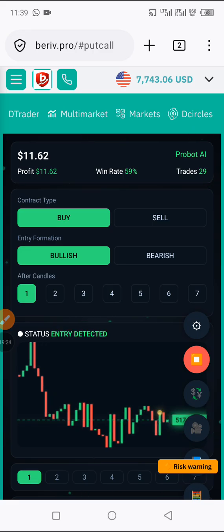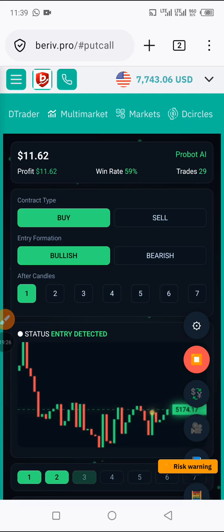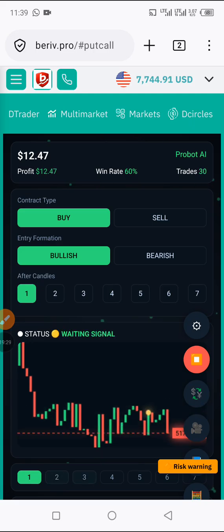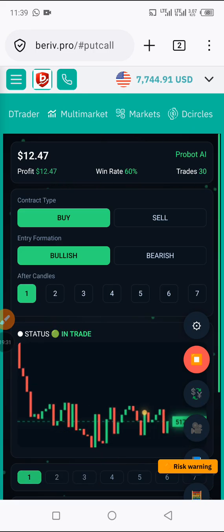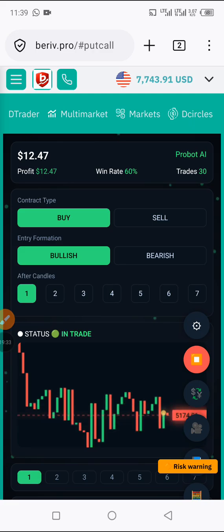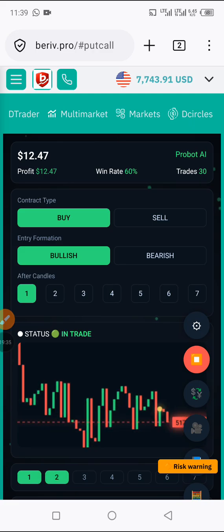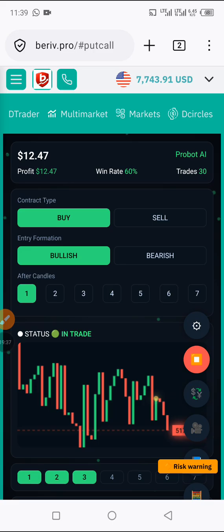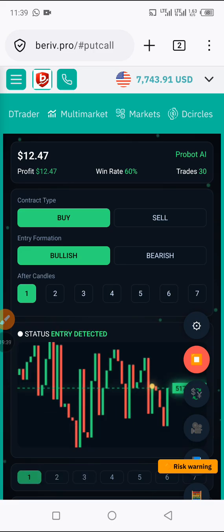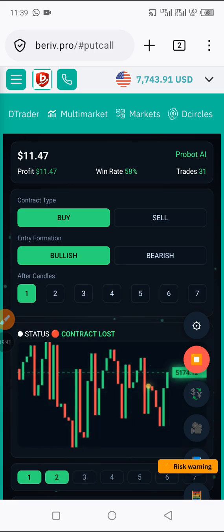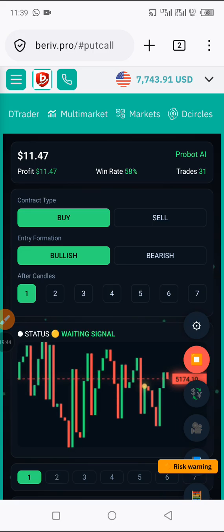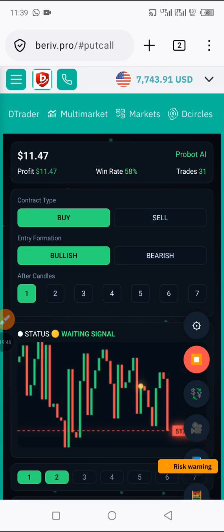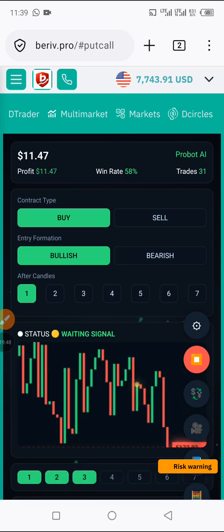So the new trading setup now is, when the last candlestick is bullish, the next candlestick is predicted as bullish as well. As you can see, the win rate is 60%, the total number of trades placed so far is 81, and the profit is $11.47.